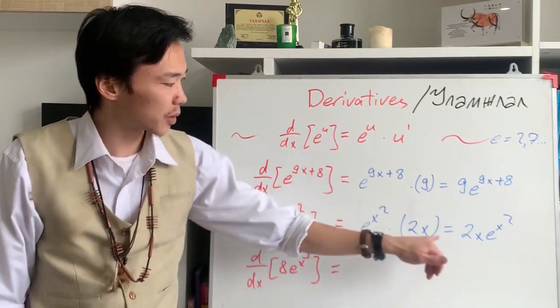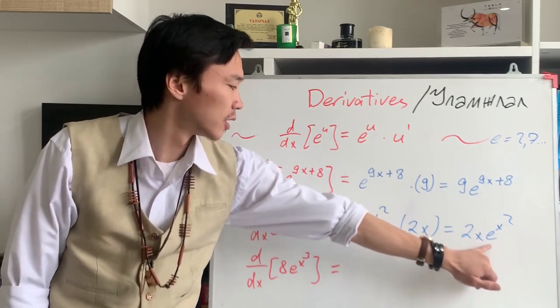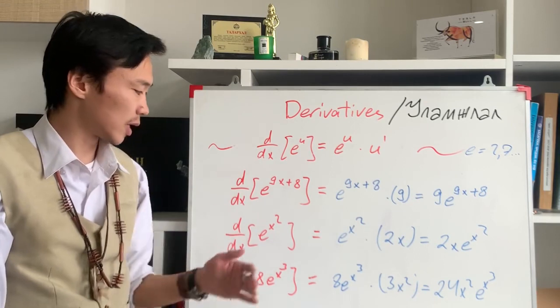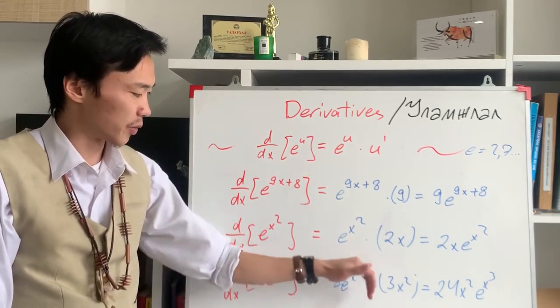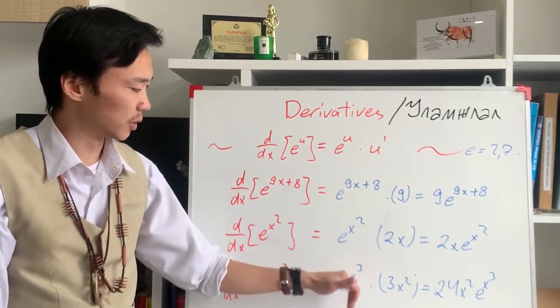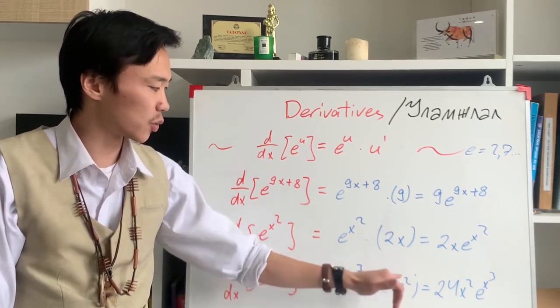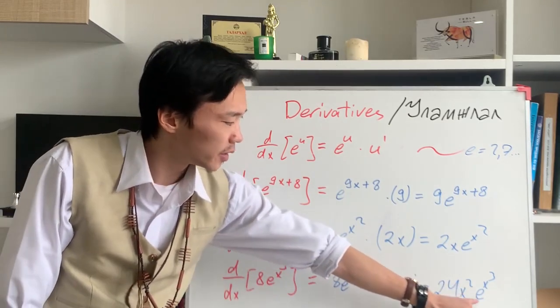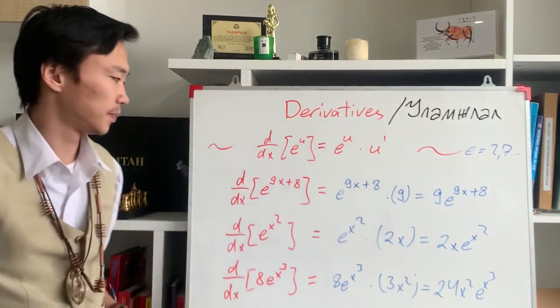So the answer is gonna be 2x times e to the x squared. So for the last one, it's gonna be what we started with, times the derivative of x cubed, which is 3x squared. So that gives us 24x squared e to the x cubed.